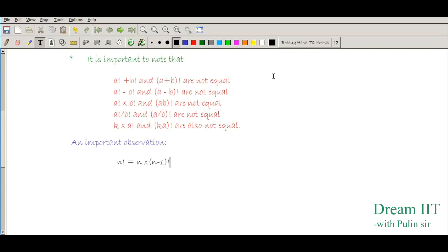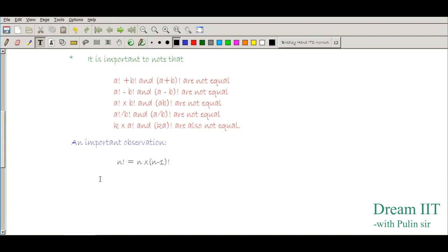That means the moment you take the leading element n out of the factorial sign, you are left with the next leading element of the complete group as its factorial notation. So this is very, very important to note.